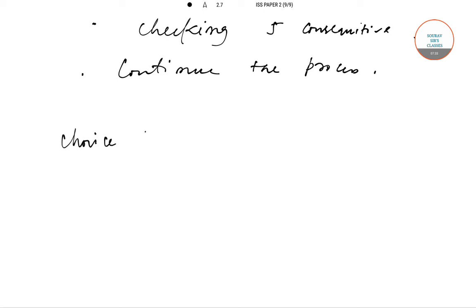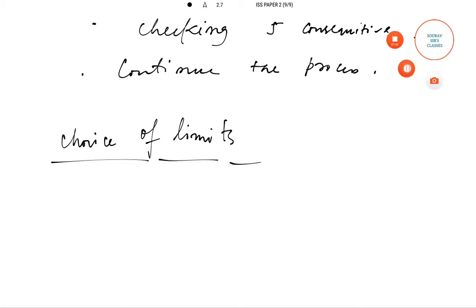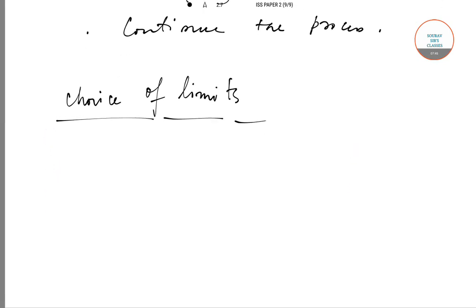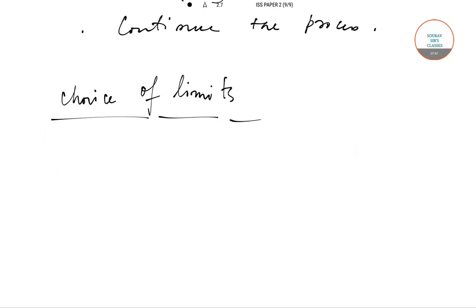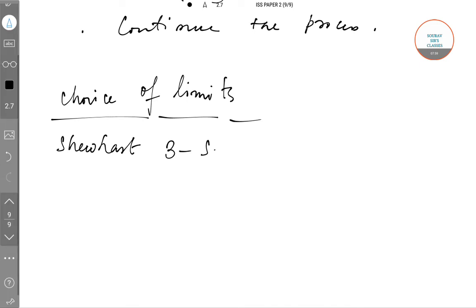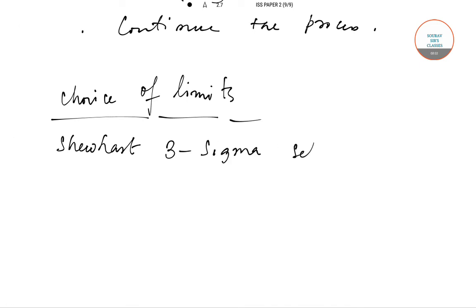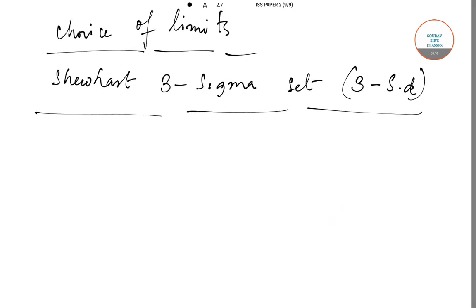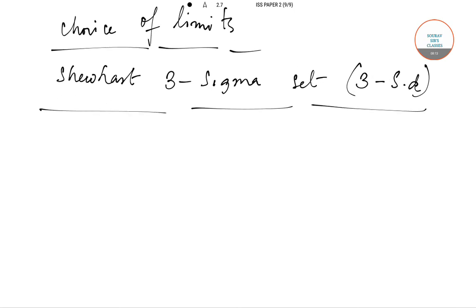The choice of limits has a very fashionable name, you can say, that is Shewhart 3 sigma set, or 3 standard deviation. And now I will be discussing in detail why it is Shewhart 3 sigma set.